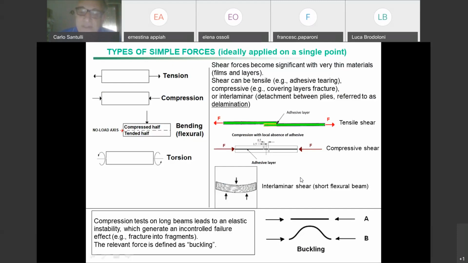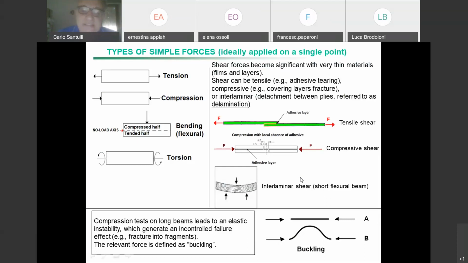In some cases, for example, if you press against some small beam, if you have a beam which is compressed and it's quite short, a matter of centimeters or less, and is quite short and thin, then it can break by a complex force, which is called buckling.